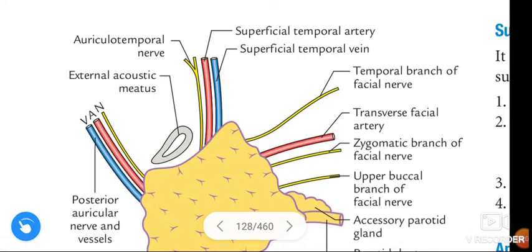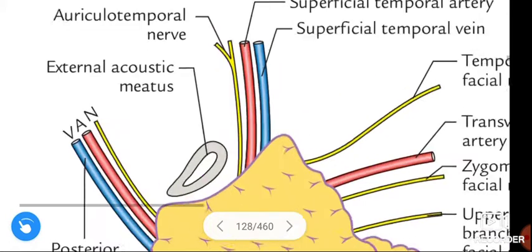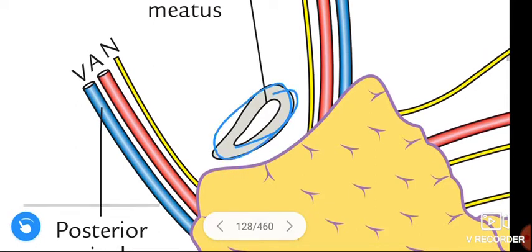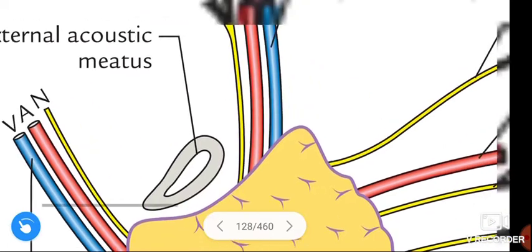See here, this is the superior surface or base. It is related to the external acoustic meatus and the temporomandibular joint.